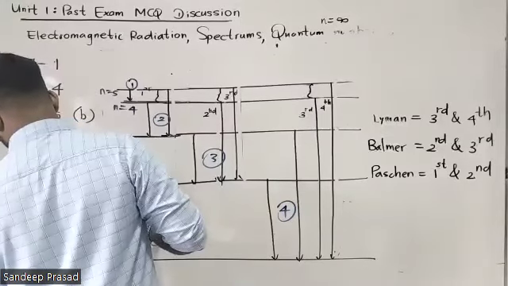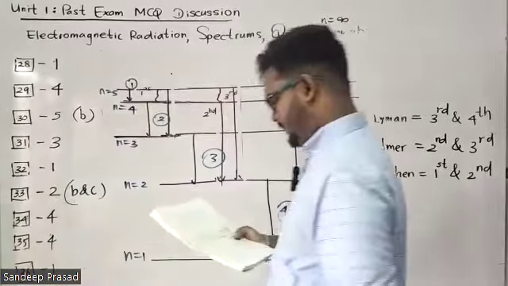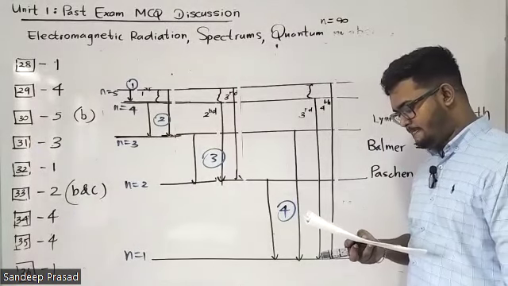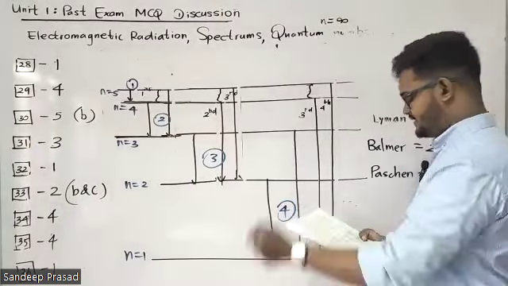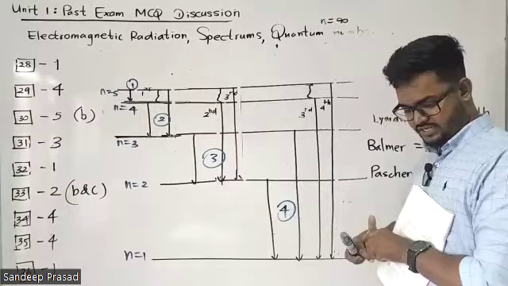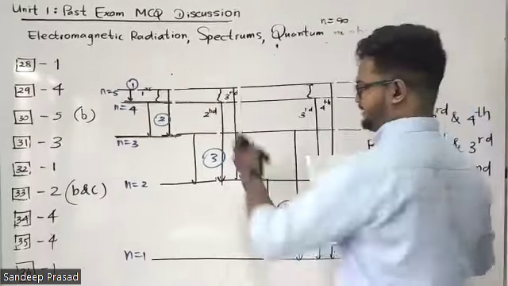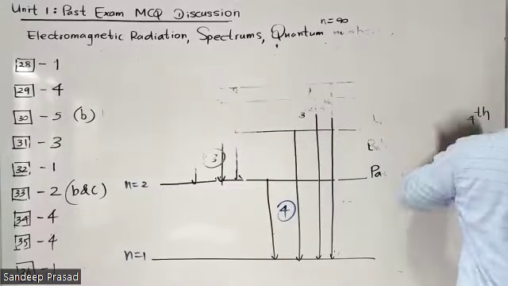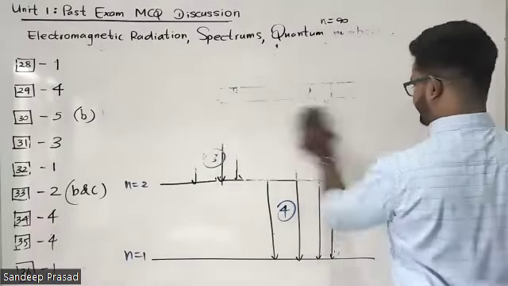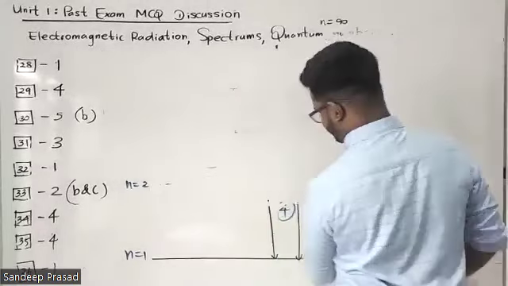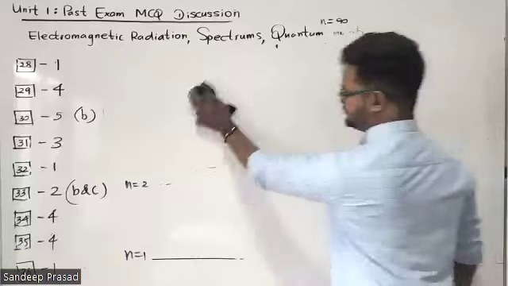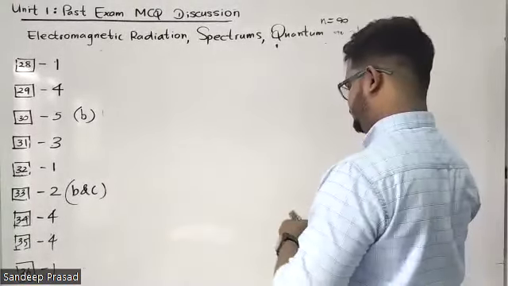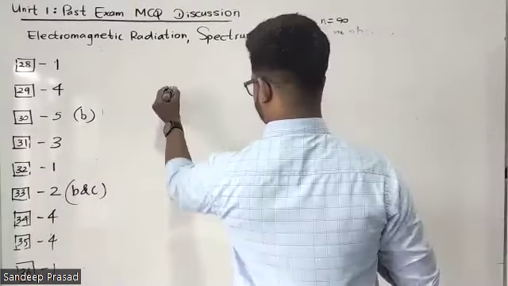Question number 36. A part of the emission spectrum of hydrogen is given below. Increasing wavelength is in this direction, right? Then what is the corresponding energy level diagram? So they have given here a spectral line diagram and expect the correct energy level diagram. So this kind of a diagram is given.